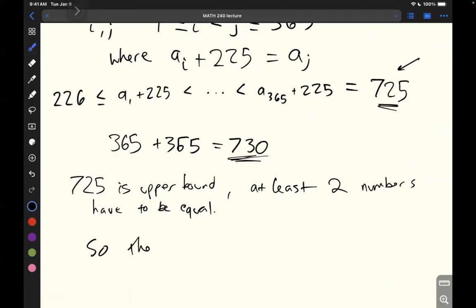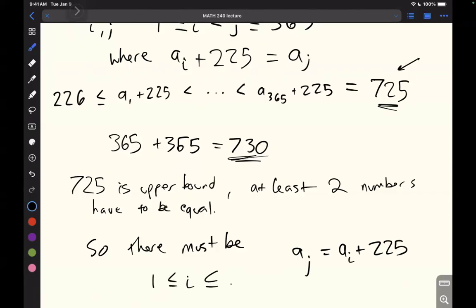So there must be some number aj, which is equal to ai plus 225, where 1 is less than or equal to i, less than or equal to j, is less than or equal to 365. And so in this case, Gary drank exactly 225 cups of coffee between days i plus 1 and j inclusive.